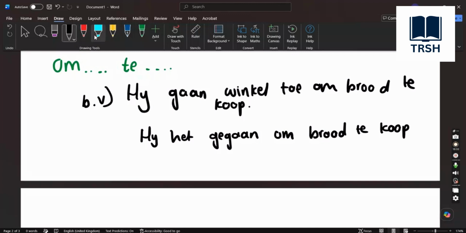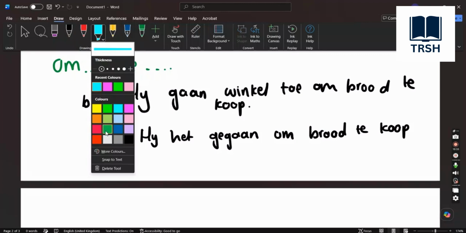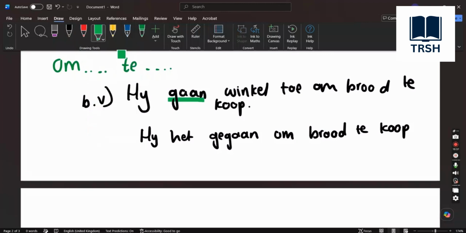So we can see that we have this gaan. It's going to get a ge and then the rest of the sentence. Hy het gegaan om brood te koop. Or you could just also say hy het gegaan winkel toe om brood te koop.